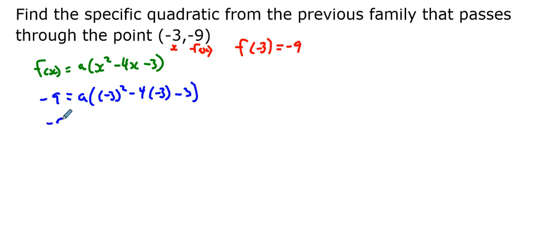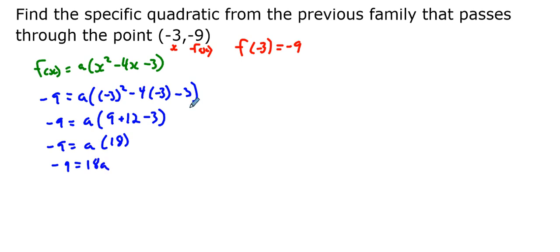So I have negative 9 equals a times 9 minus, oh, it's a positive because two negatives, so plus 12 minus 3. And this says negative 9 is equal to a times a positive 18. So negative 9 is equal to 18a.